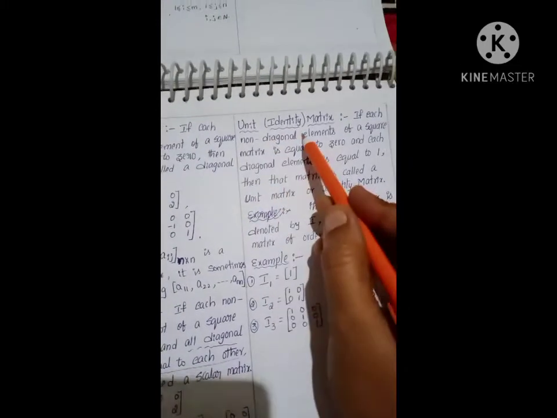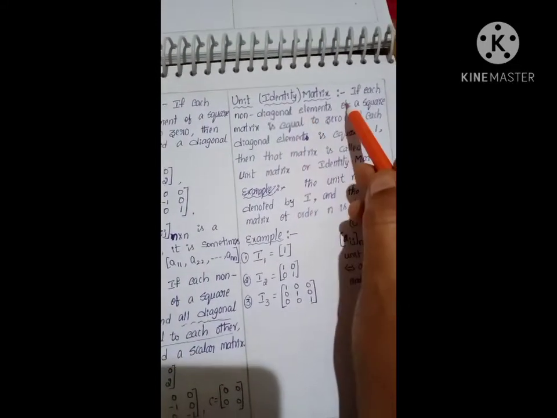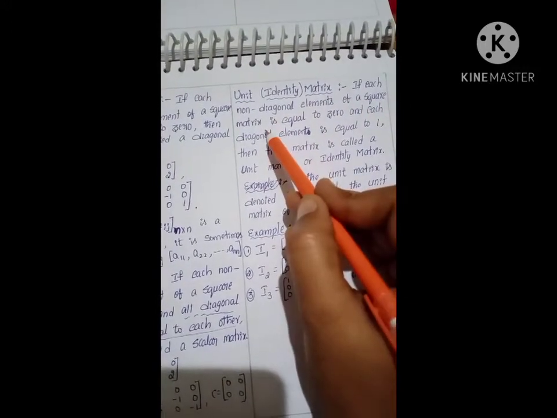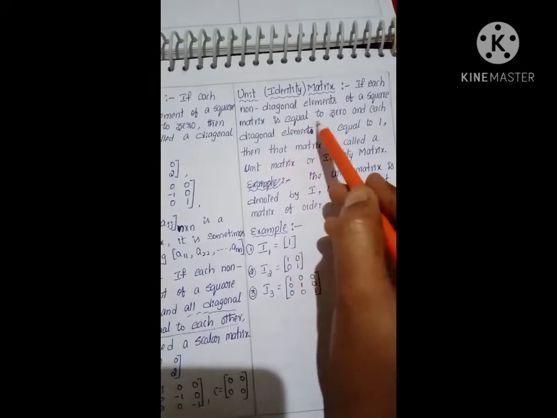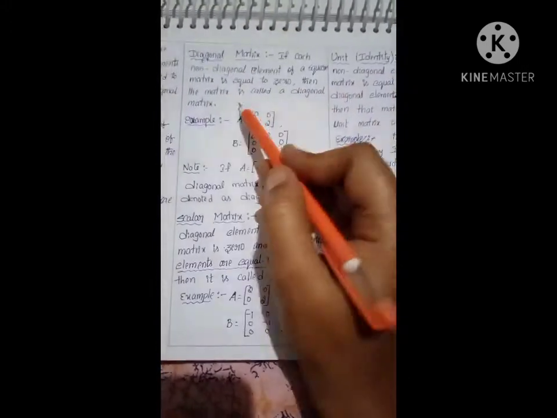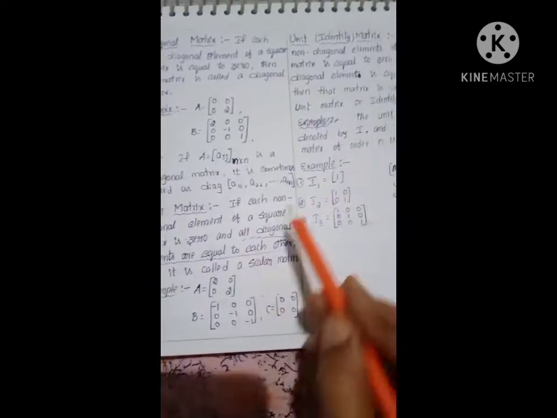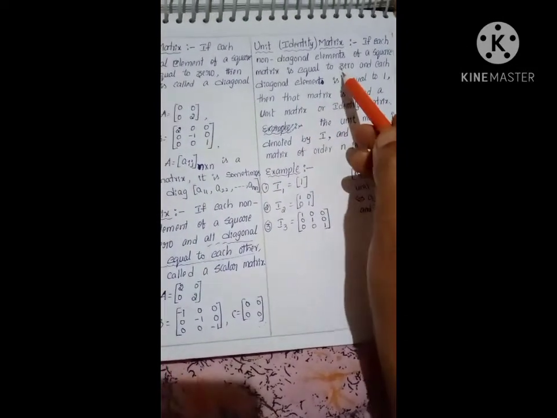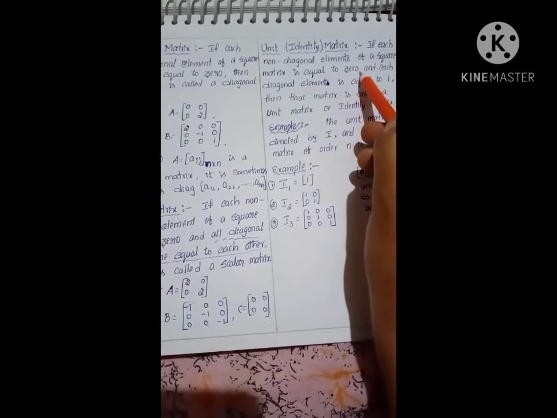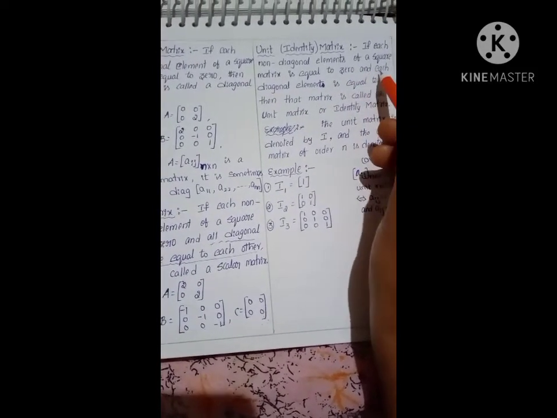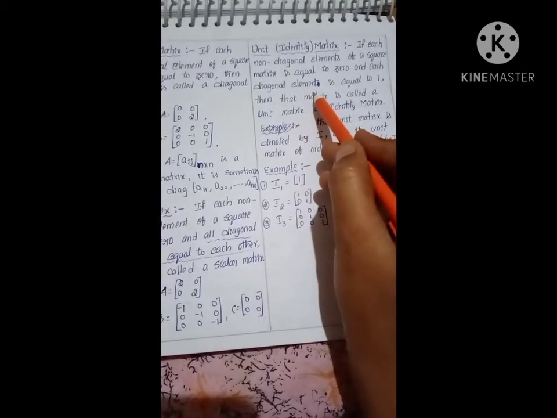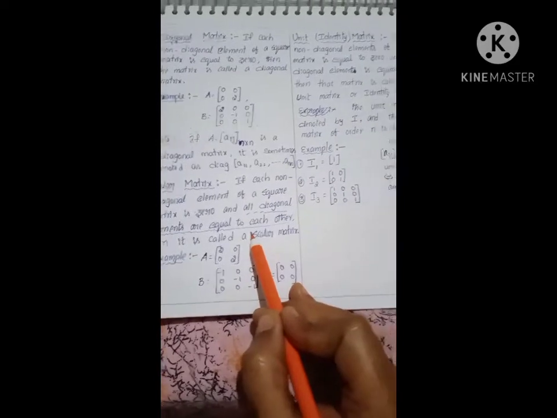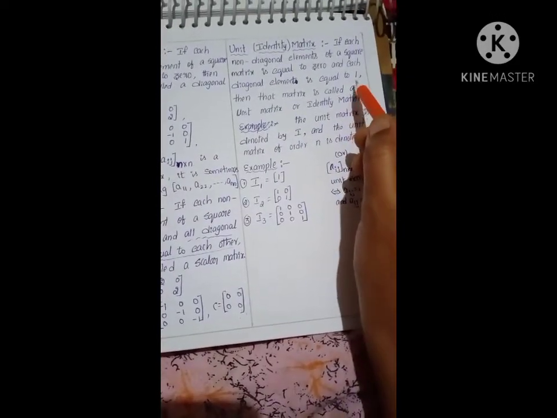Next, unit or identity matrix. If each non-diagonal element of a square matrix is equal to 0. See, diagonal matrix, scalar matrix and identity matrix or unit matrix: the condition up to here is the same, but each diagonal element is equal to 1. Here equal to each other, but here equal to 1.